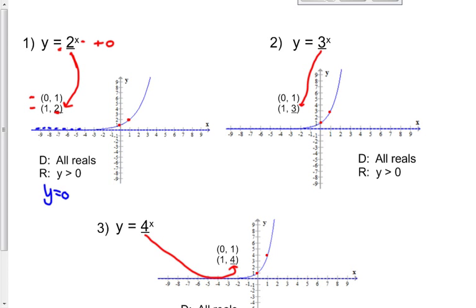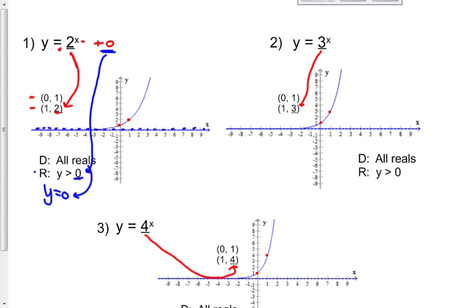That's the blue line that you see dotted right through here. So my curve comes close to that but does not touch. My domain is always all reals, and my range is y greater than 0. My range value is going to be the same number as I use as my asymptote.